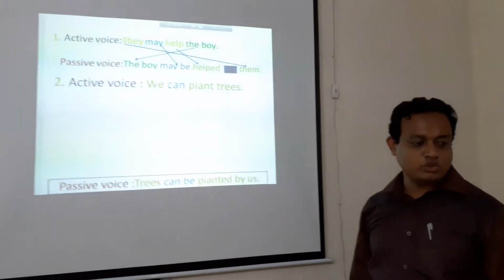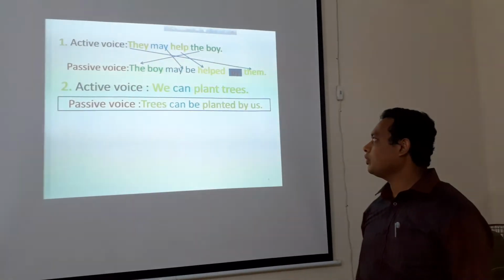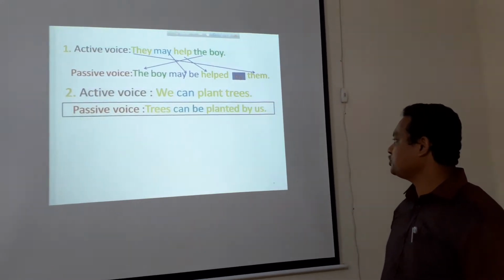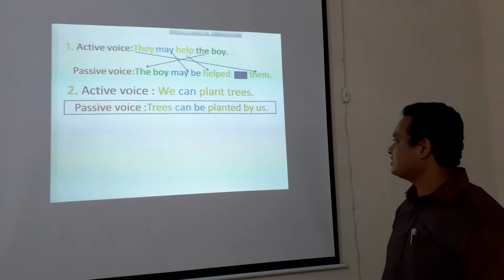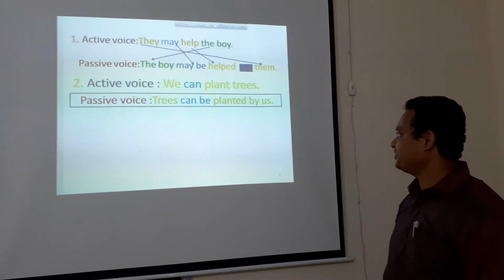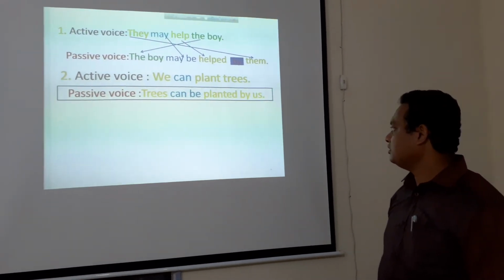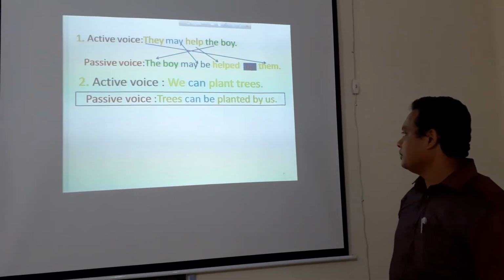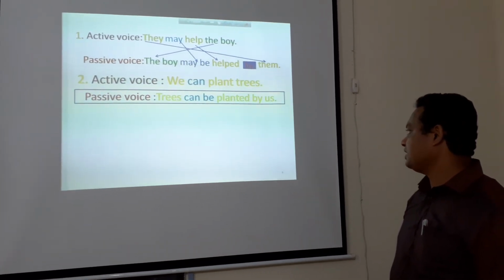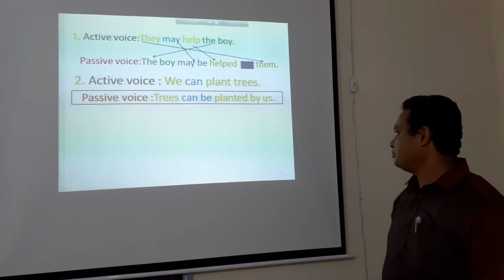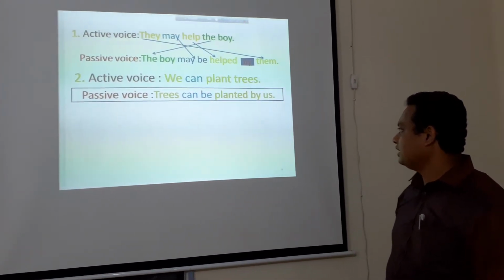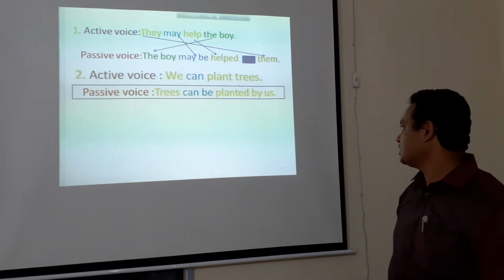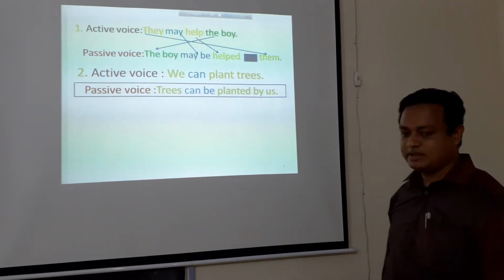So according to the first rule, trees is used as the subject in passive voice. Then the auxiliary verb can be is used, the main verb planted is used, then the preposition by, and at last us is used as the object in passive voice.